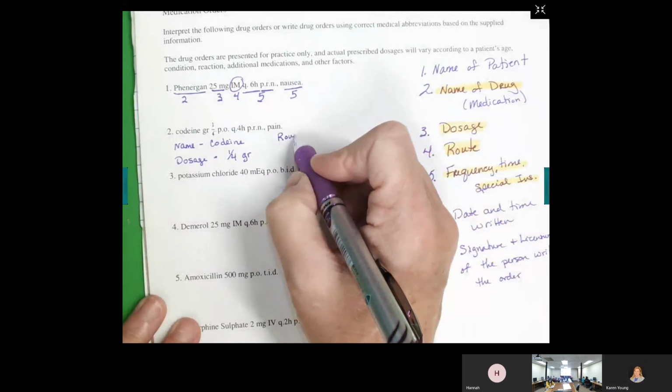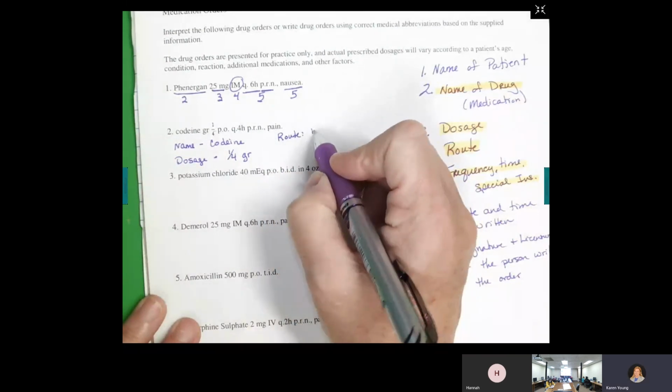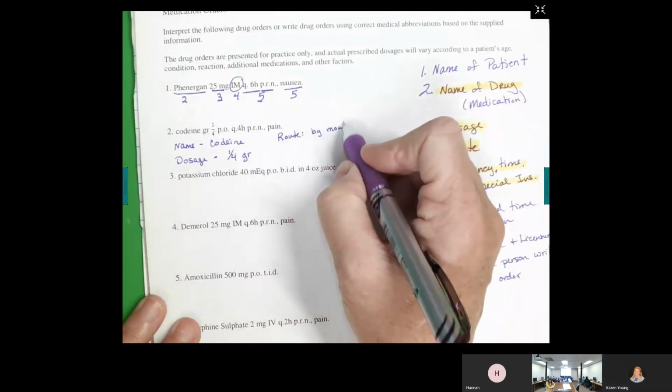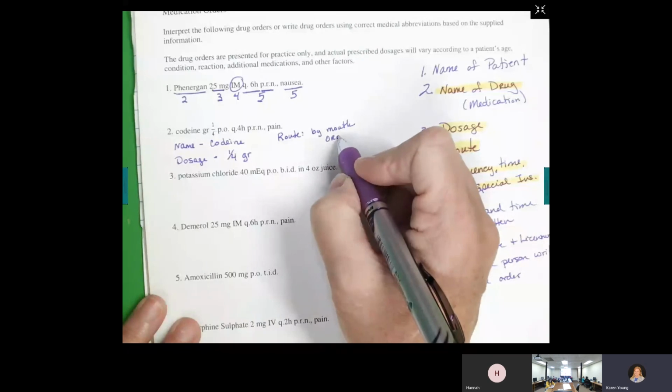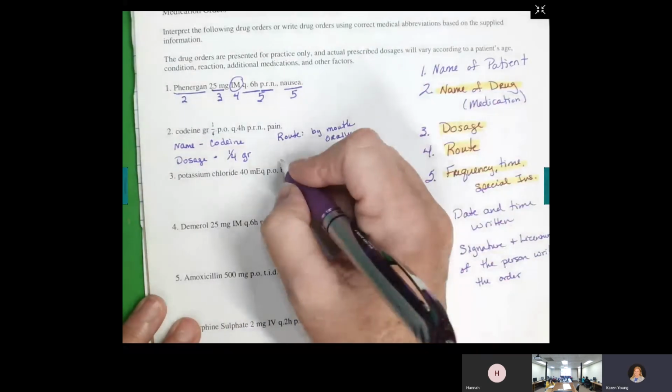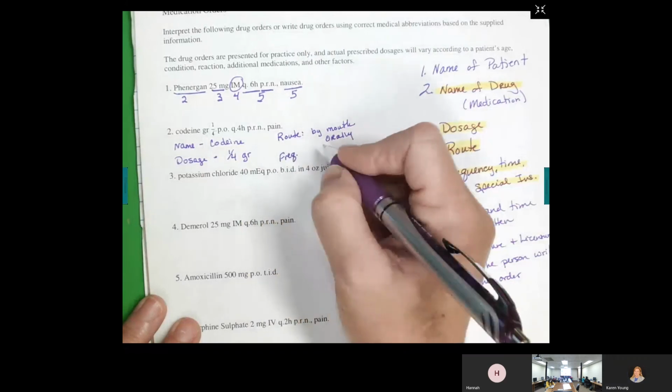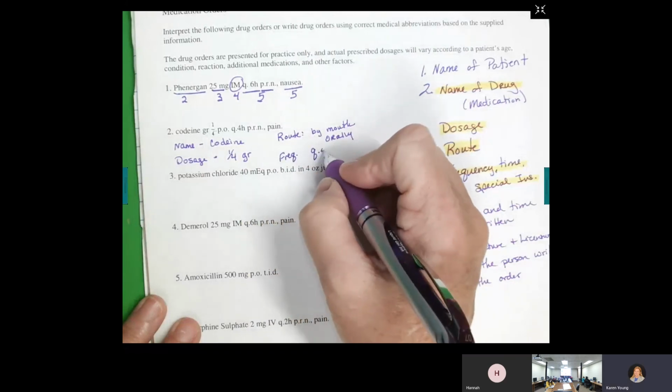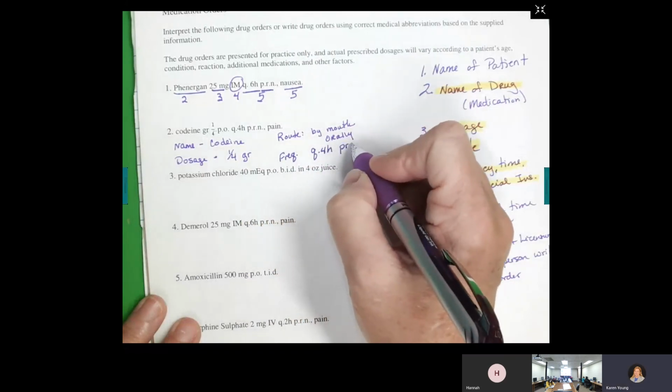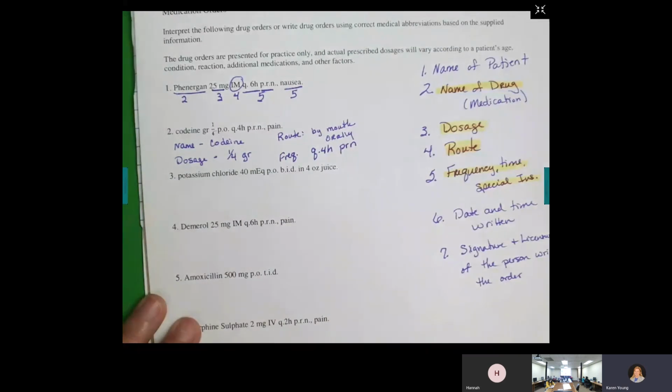Our route is by mouth, or we can say orally. Our frequency is every 4 hours, PRN, as needed.